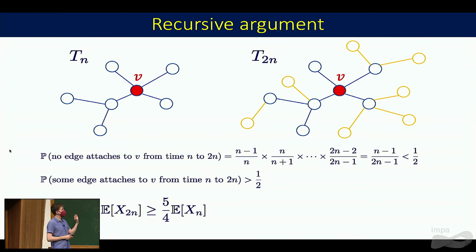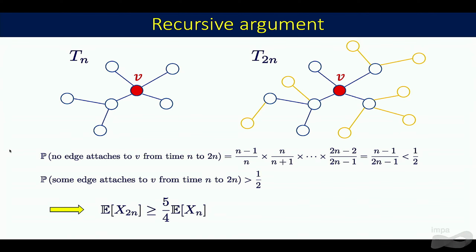Now, I argue that this implies that if we look at the size of the largest common subtree, let's say in expectation, it's simpler that way, then if we go from time n to time 2n, this expectation increases by a factor of 5 over 4, at least. Why is this so? Well, at time n, you have the two trees, and you have some common subtree. Every vertex in that common subtree has an incoming edge in each tree until time 2n with probability at least a half.